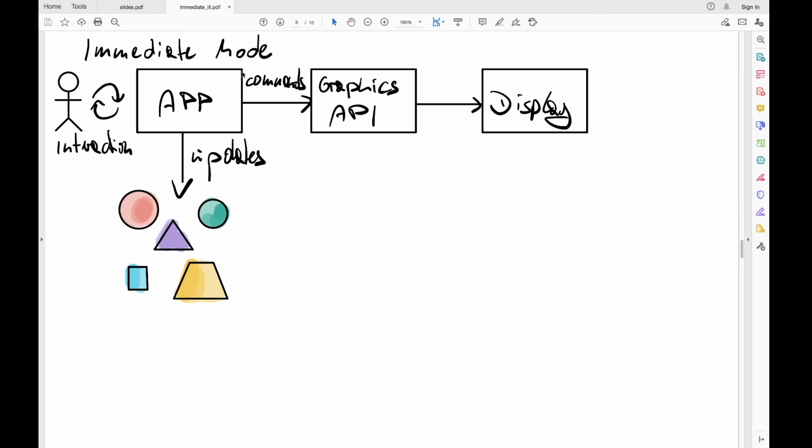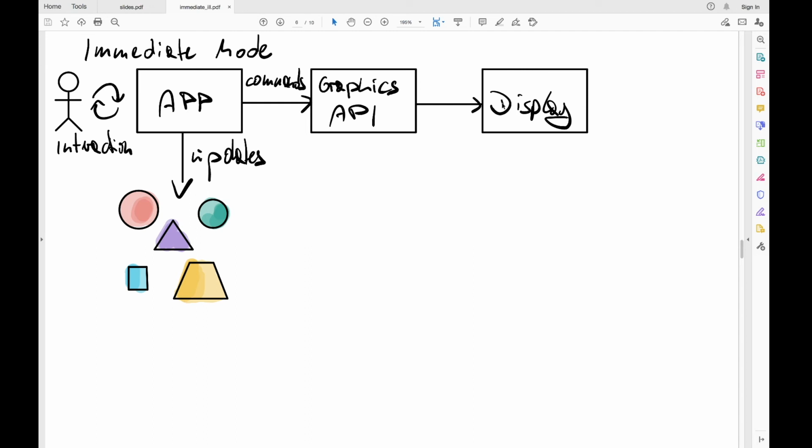The graphics API takes those commands, translates them a bit, and then routes them through to the display that can process those commands and turn them into an image. This is what we will call immediate mode. Whenever the user interacts with the application, the application maintains updates itself and then issues draw commands, and the graphics API routes them through to the GPU or to whatever instance displays the image.